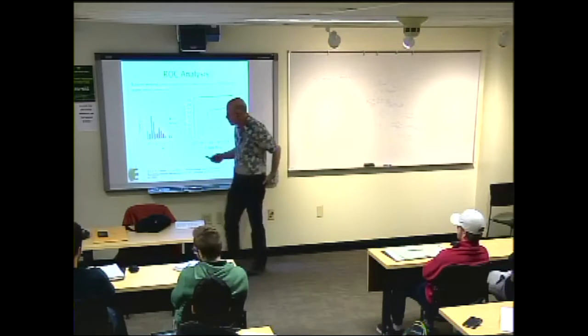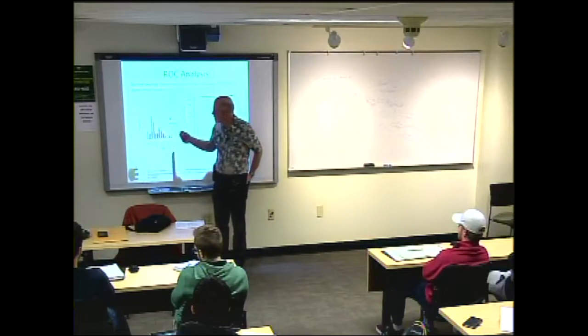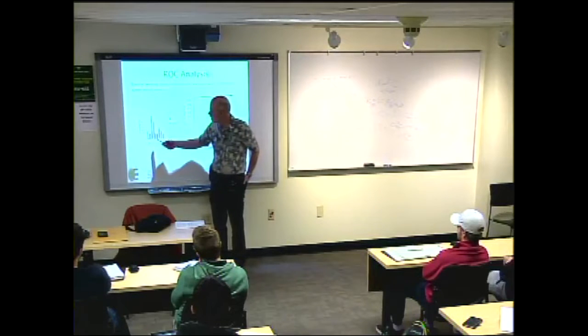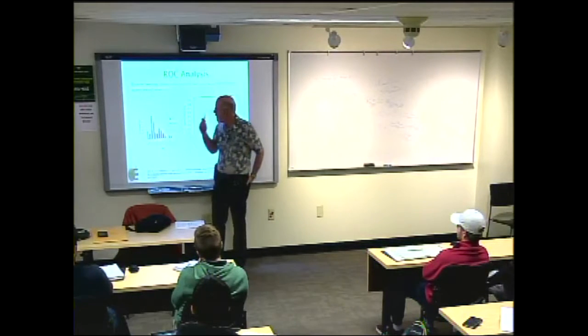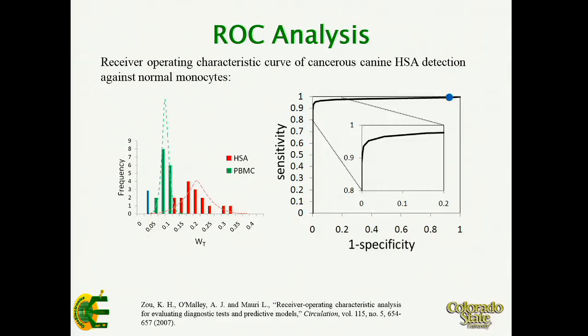So we did this analysis and found these statistics: when we had cancer cells, they were spread out with a very loose Gaussian interpretation of the fit here for what they looked like. And the peripheral blood mononuclear cells, that is white cells or leukocytes, looked like this down here, with a much tighter distribution.